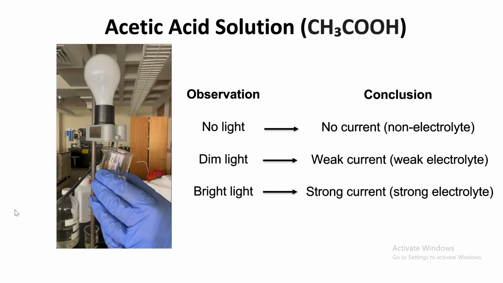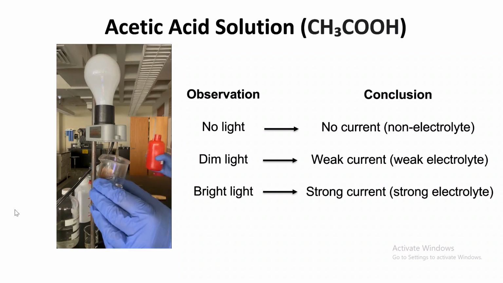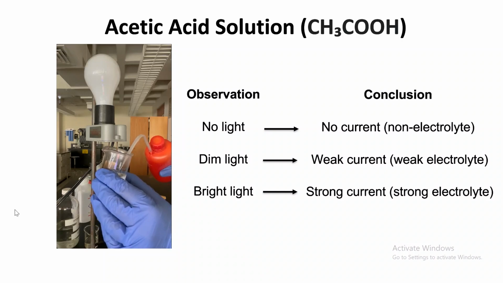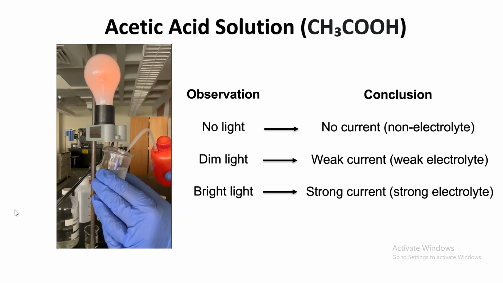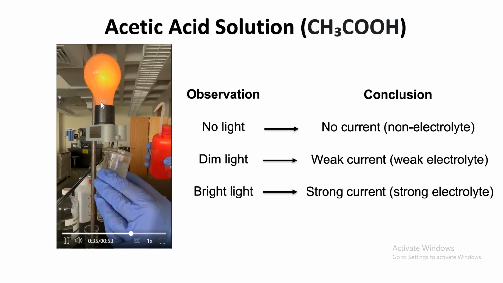As you can see, the light bulb is not turning on, not even dim. So for this one we're going to say, oh, but see, it's changing. Look at that. As we're adding a little bit of water, it's changing. So adding the water is helping the acid.